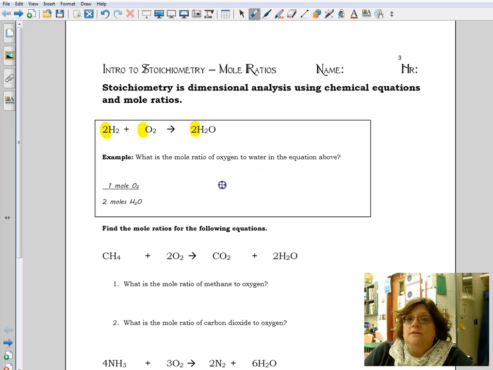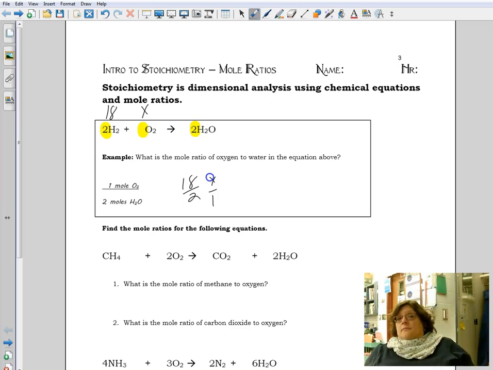Once again, if we know that it's a 2-to-1 ratio, and I tell you that I have 18 hydrogen moles, 18 is to 2, as X is to 1. Now, there's a simpler way to do this. This is actually the way I learned it, but we can use the rail fence method and make life much easier.